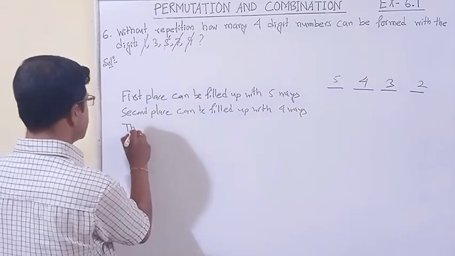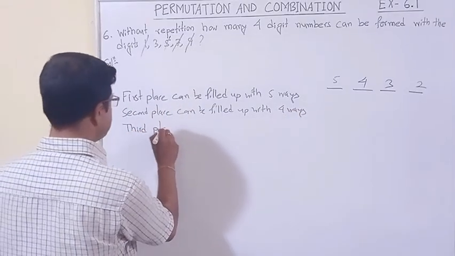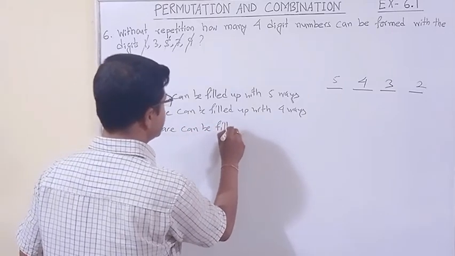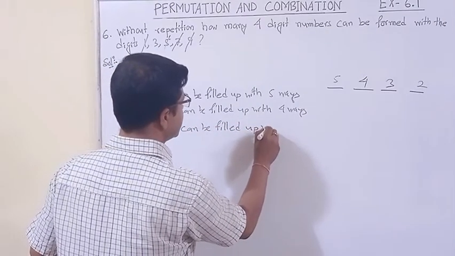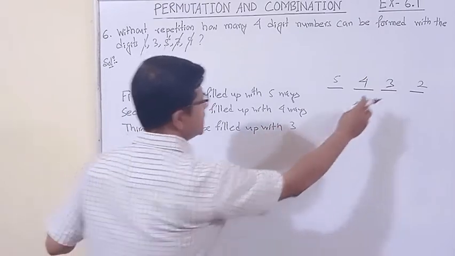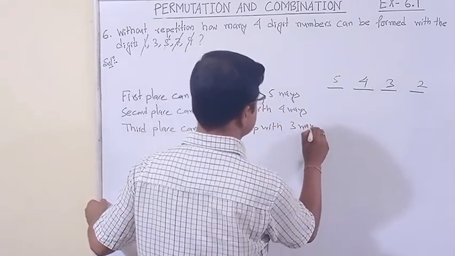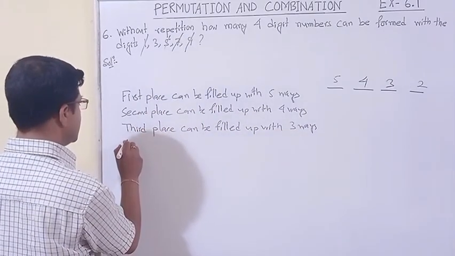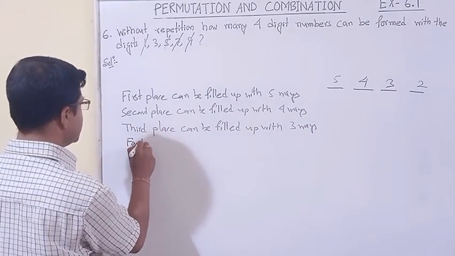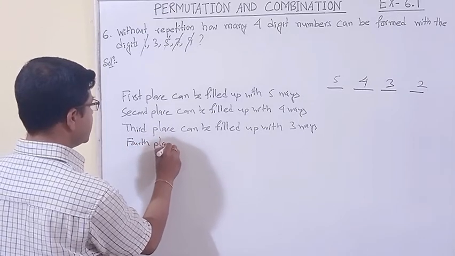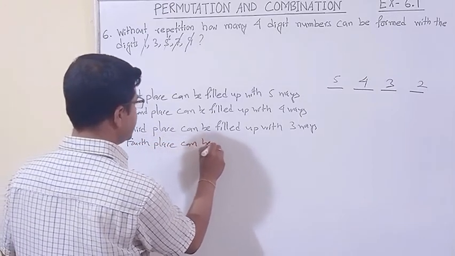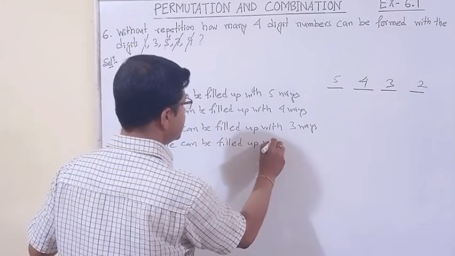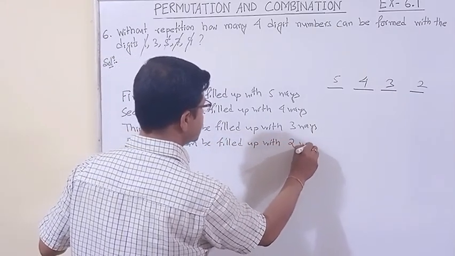Third place can be filled up with 3 ways. And about the last one, fourth place can be filled up with how many ways? 2 ways.